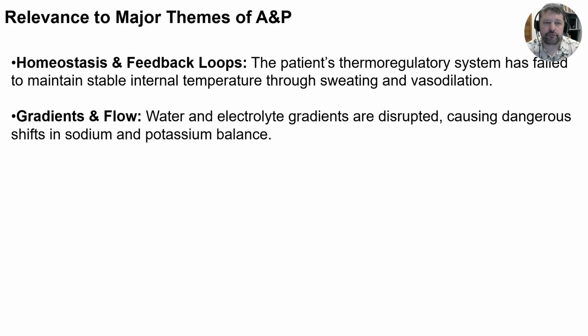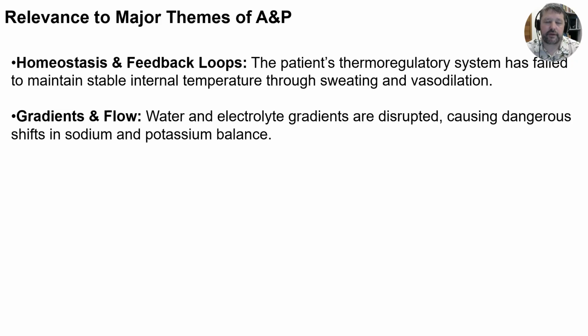Right, gradients and flow. Right, electrolytes. Again, potassium balance is off. So if the potassium balance is off, it's probably a good sign that sodium balance is off also. Not directly measured in the labs, but again, this is electrolyte gradient.